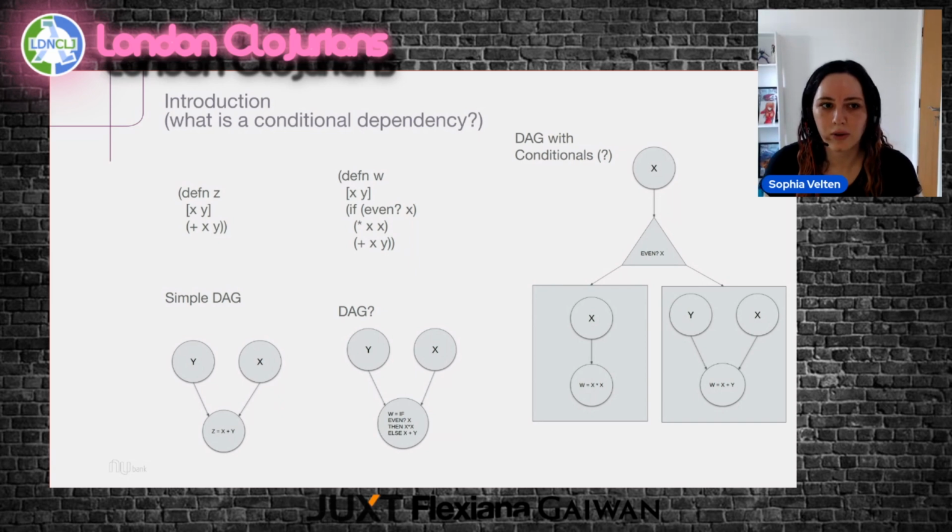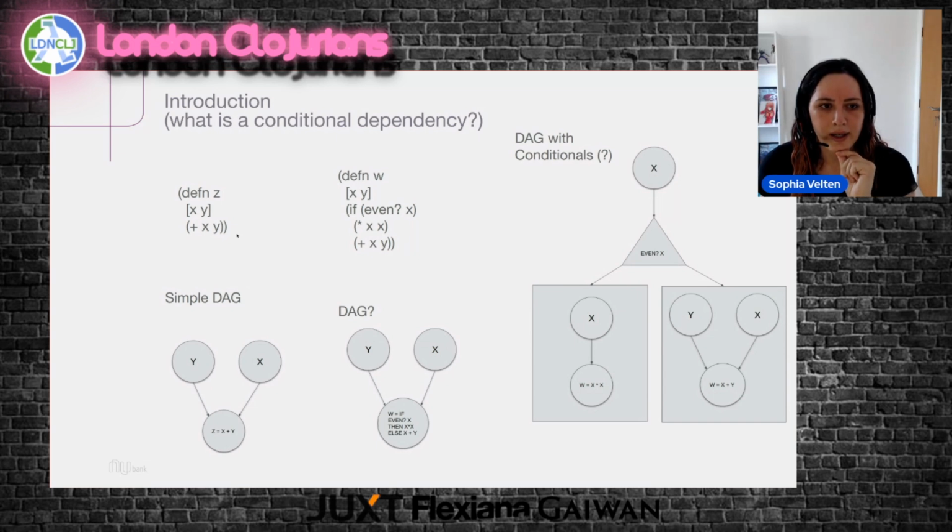First, I want to go back and talk a little about directed acyclic graphs. So let's say you have a simple function in Clojure, z, that depends on x and y, and it just sums x and y. So very simple, easy to understand.